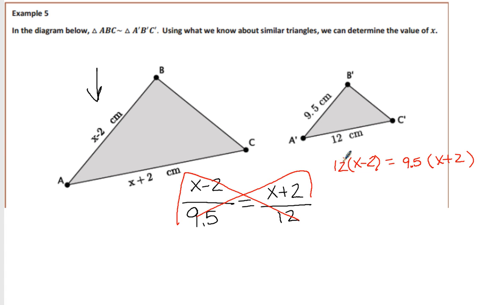All right, let's distribute. 12 times x, 12x. 12 times negative 2, negative 24. And 9.5 times x is 9.5x. And 9.5 times 2, well, 9 and 9 is 18. And then a half is one more, so that's 19.